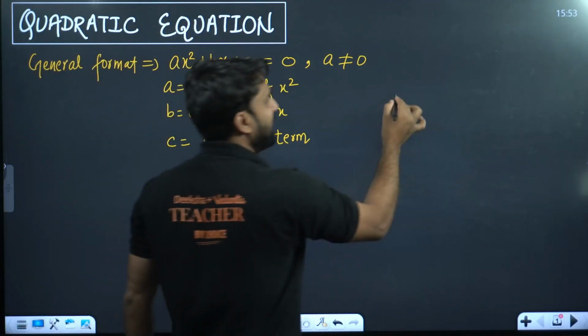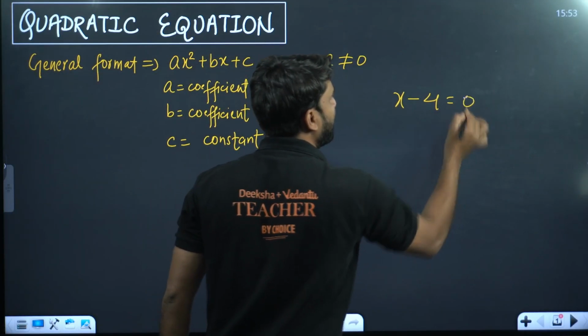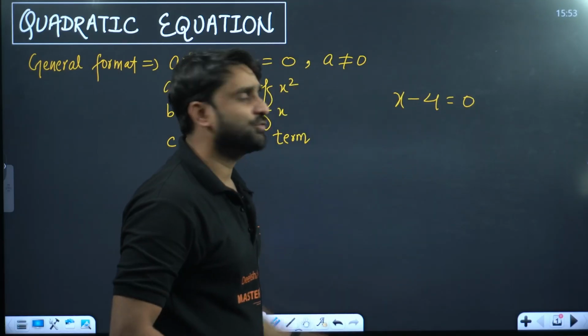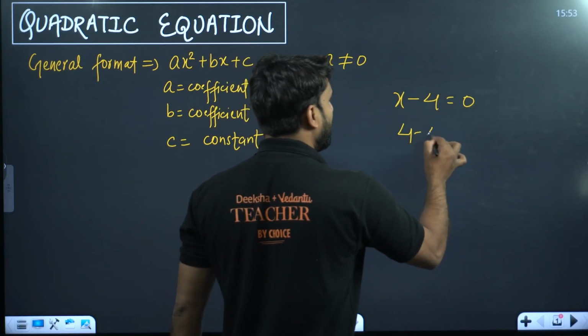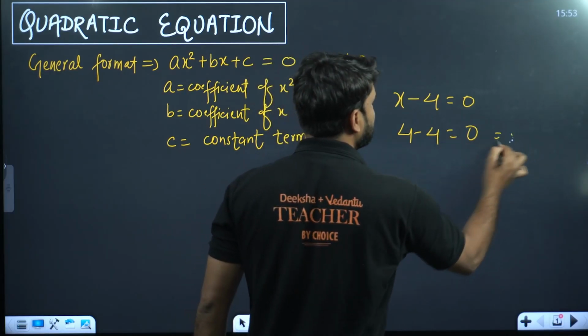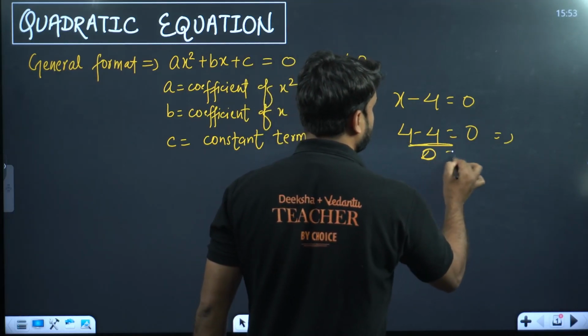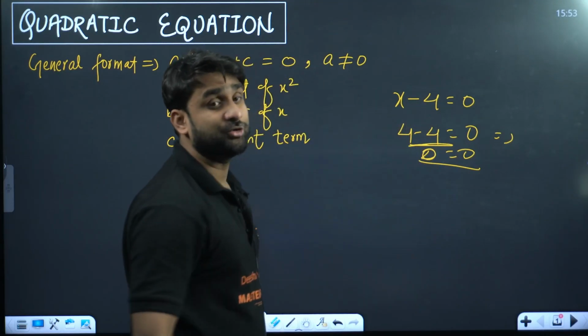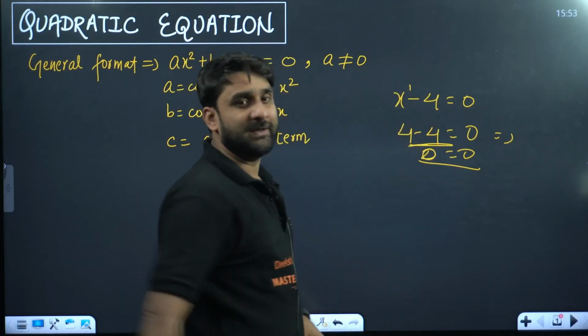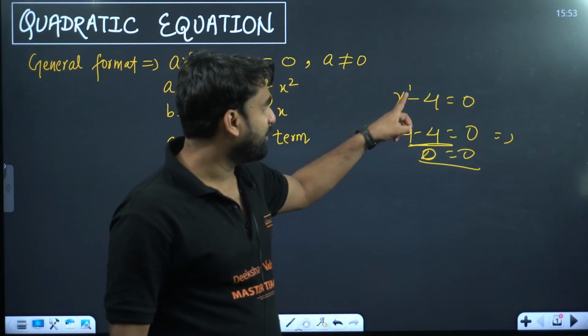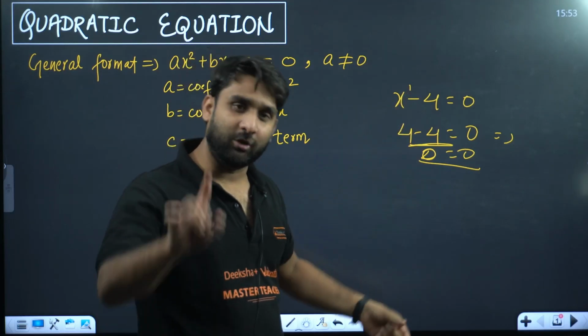For example, x minus 4 is equal to 0. If I ask you what should be the value of x so that this equation will satisfy, so x can be 4, then only this equation will be satisfying. 4 minus 4 is 0 equals to 0. So there is only one solution. Why? Because this is linear equation. Because here the exponent is 1. So if the highest power is 1, there will be only one solution.